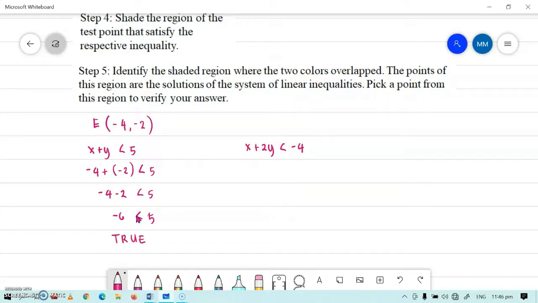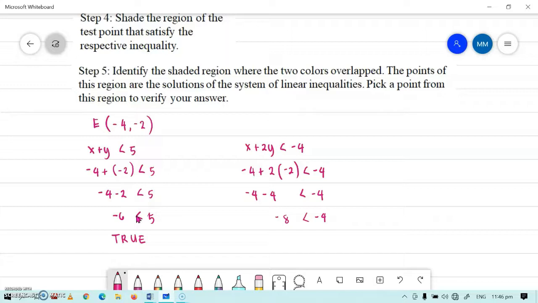it is true. Now for the second inequality, we have here x plus 2y is less than negative 4. So we have negative 4 plus 2 times negative 2 is less than negative 4. 2 times negative 2 is negative 4, so negative 4 minus 4 is negative 8, which is less than negative 4.